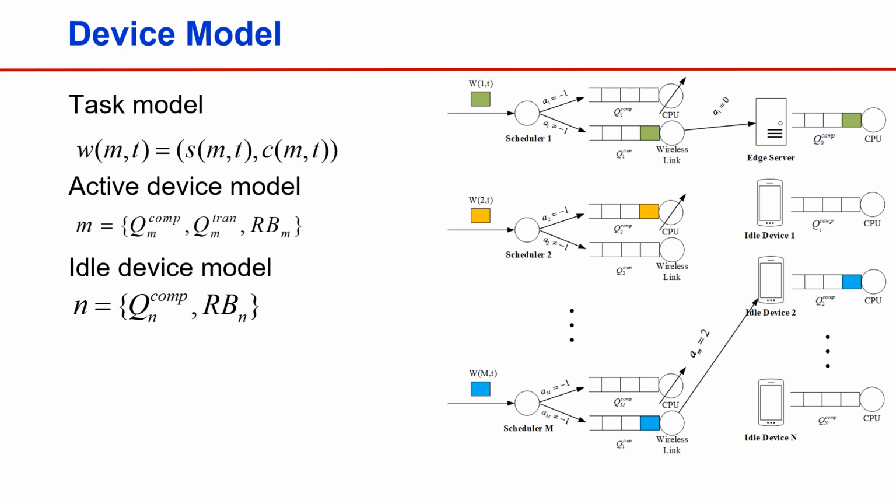Note that each server doesn't have a battery and is not bounded by battery energy. As shown in the figure, if the offloading decision is -1, it means local execution. If the offloading decision is 0, it is offloaded to the edge server. Otherwise, it is offloaded to the corresponding idle device.